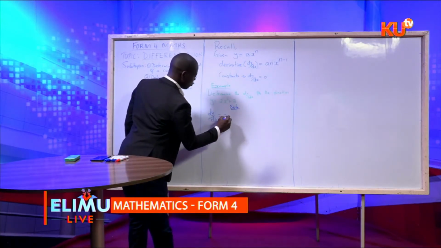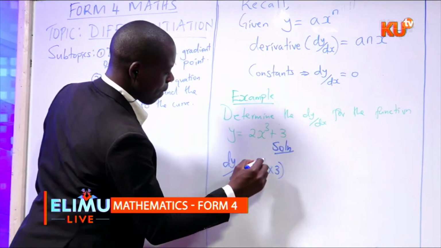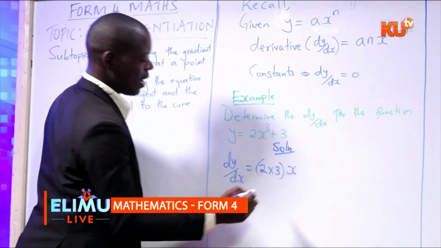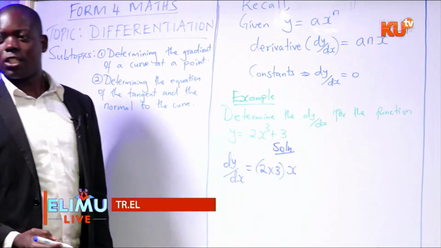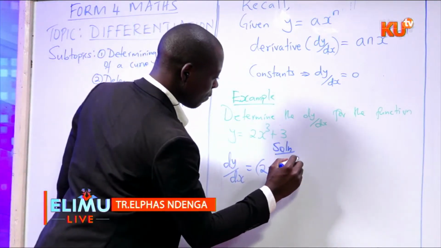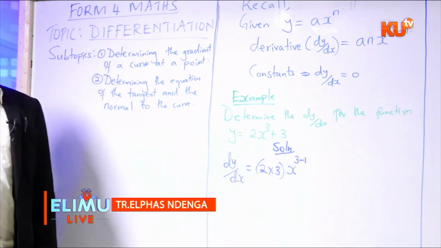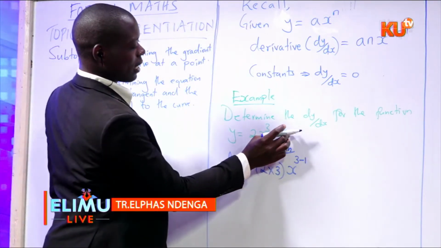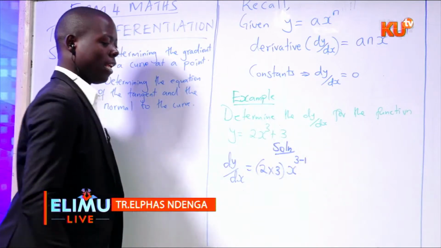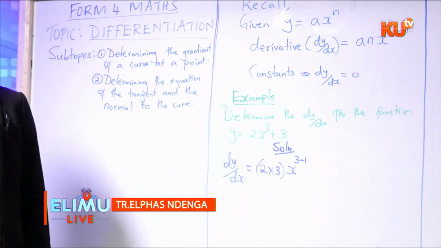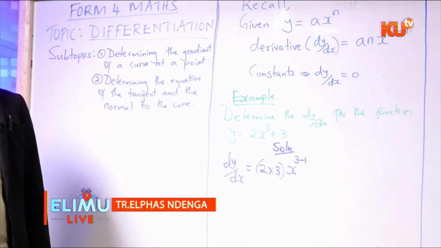So we'll have 2 times 3, then retain the x and less 1 from the power, so 3 less 1. The 3 is a constant, and the derivative of constants is 0.